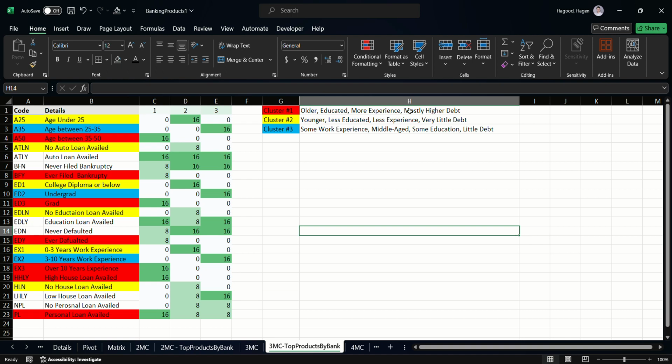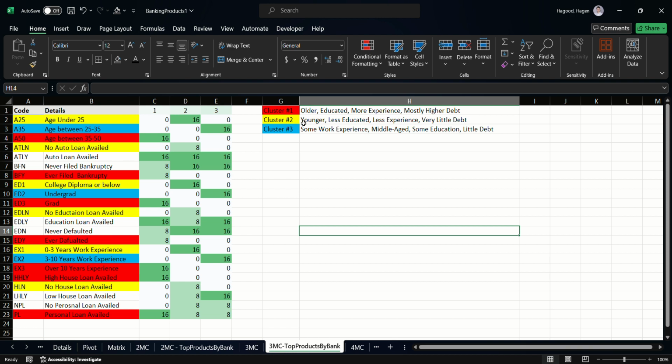When I evaluated it for 3 clusters, the data was much clearer. As you can see, there was little overlap for the most part. Cluster 1 was older, educated people. They had more work experience, and they also had a lot of higher debt.